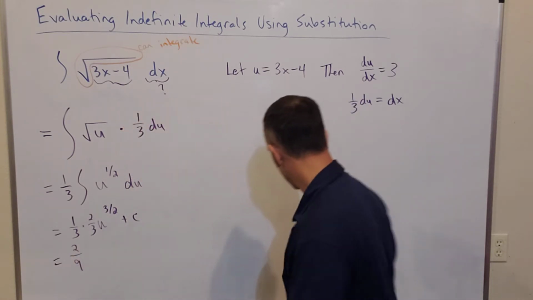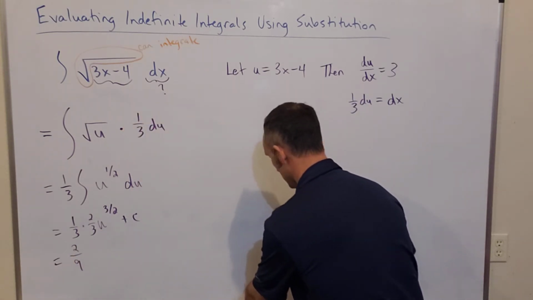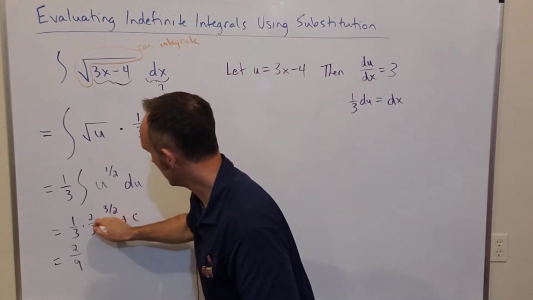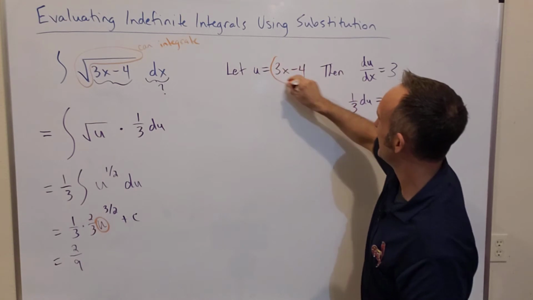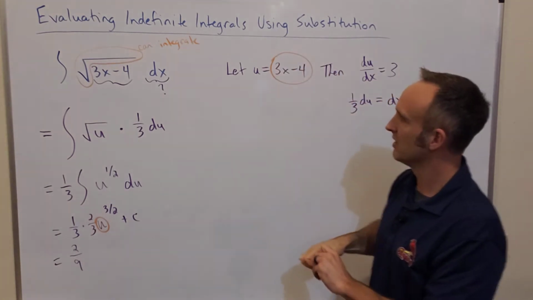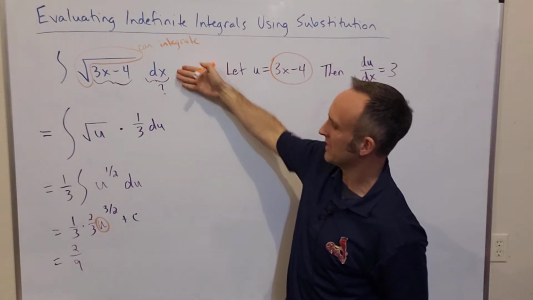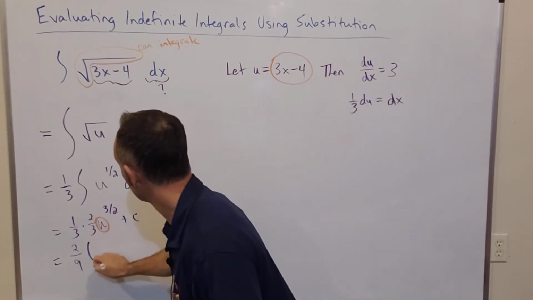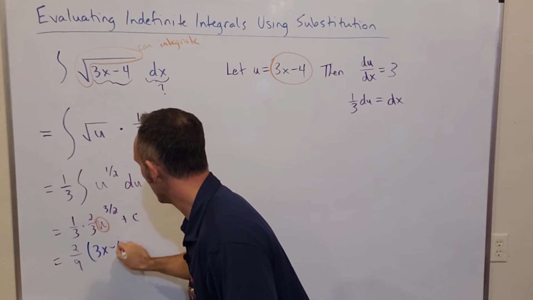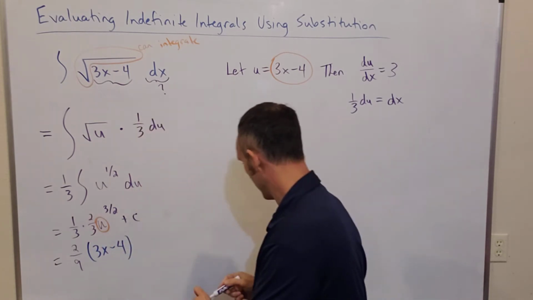But then I have to look at my u, and any place I have a u, I have to replace it back with its x representation, because an integral of x needs to have an answer in x. So I get 2/9 times 3x minus 4 to the 3/2.